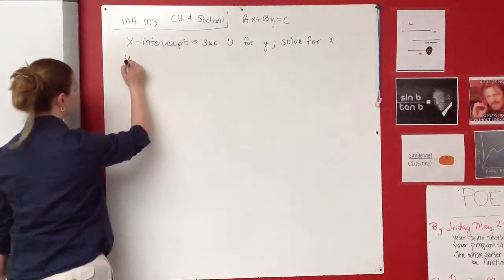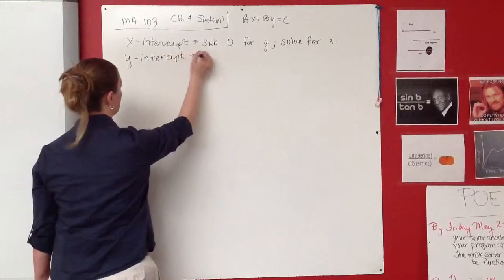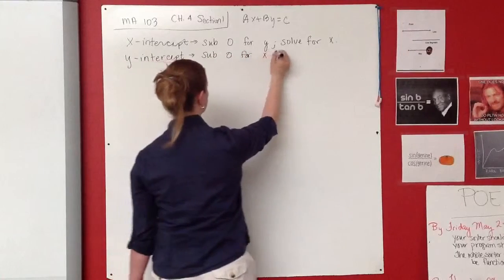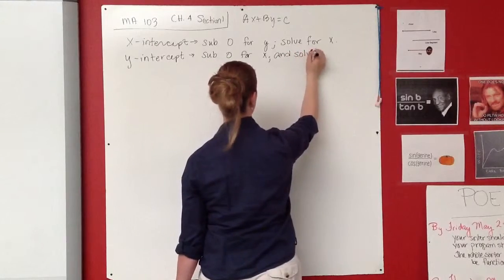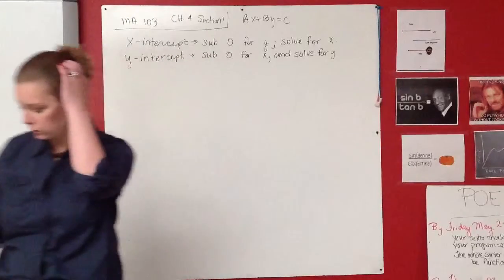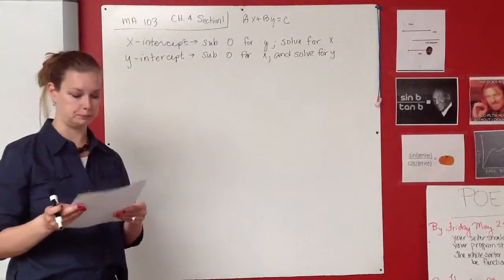To find the y-intercept, we substitute 0 for x and then solve for y. So it's pretty straightforward once you manipulate your equation into standard form. So let's look at an example.